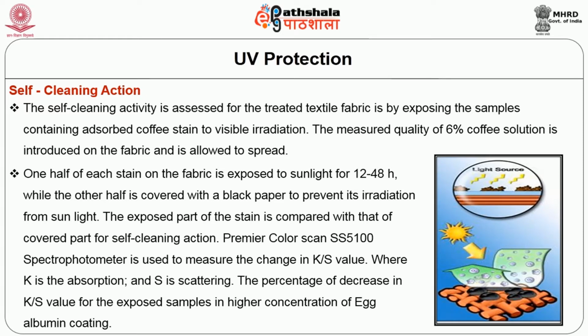The exposed part of the stain is compared with the covered part for self-cleaning action. A Premier Color Scan spectrophotometer is used to measure the change in K/S value, where K is absorption and S is scattering. The self-cleaning property of the cotton fabric in particular is analyzed and reported in graphical form. The percentage decrease in K/S value for the exposed samples is usually noted and evaluated.